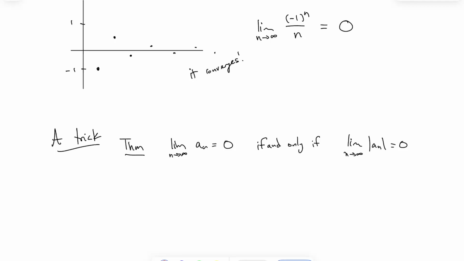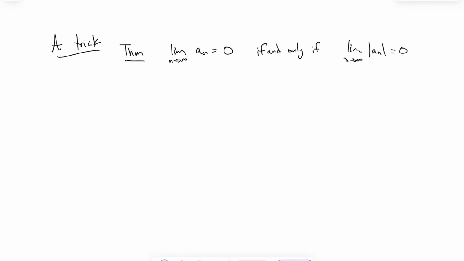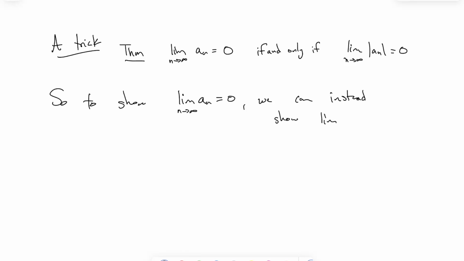All right. So the fact that these two things are equivalent means that to show that the limit of a_n equals 0, we can instead show that the limit as n goes to infinity of the absolute value of a_n equals 0.